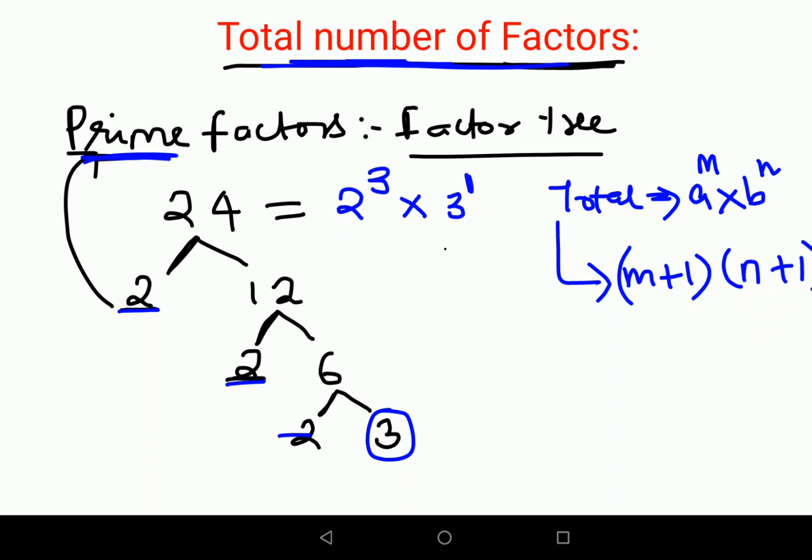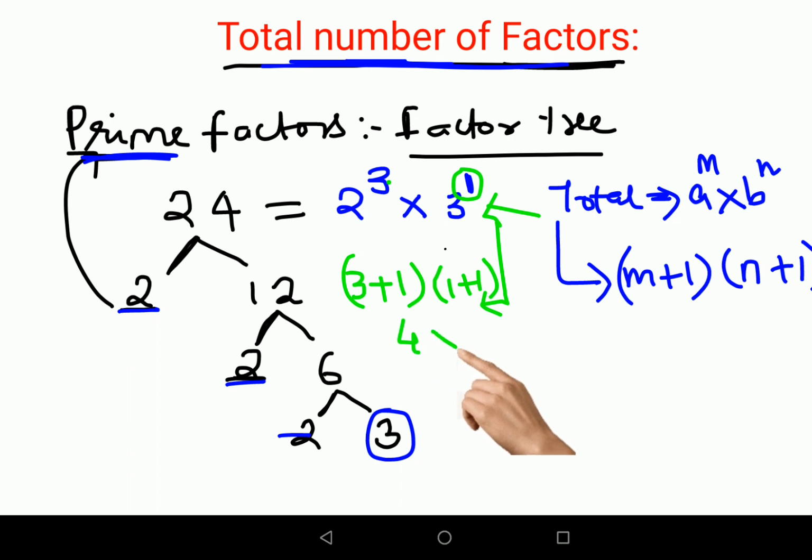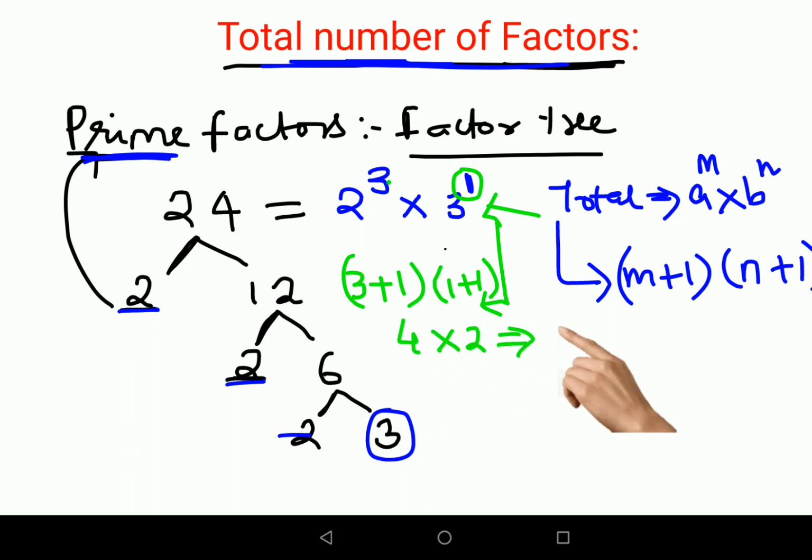Sorry, total number of factors, not total number of prime factors. So for this particular one, it can be written as 3 plus 1 into 1 plus 1, since the index of 3 is 1. That gets you 4 into 2, and the answer comes out to be 8.